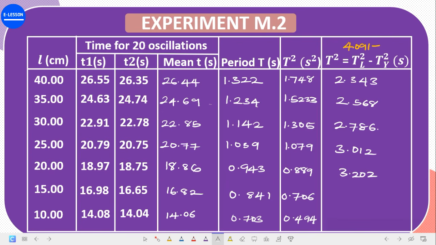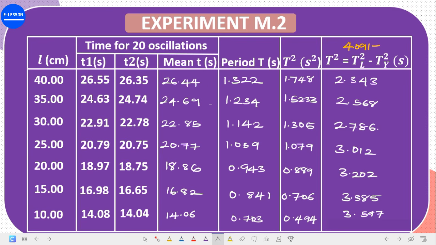Then we have 4.091 minus 0.706, which gave 3.385. Then we have 4.091 minus 0.494, which gave finally 3.597. So we've completed our table.